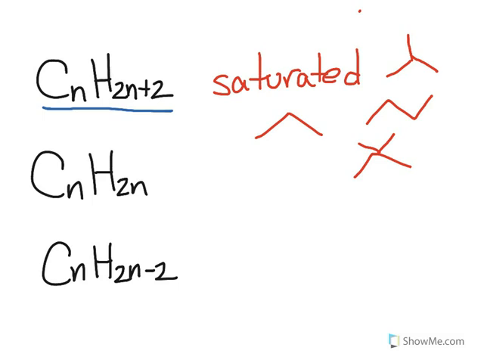Let me clean that up a little bit. What I'm trying to draw is 2,2-dimethylpropane, or you could even just call it dimethylpropane, since you don't really need to indicate that it's on the second carbon, because it's the only other place that you can put two methyls without it becoming a butane or something else. So these are all saturated hydrocarbons.